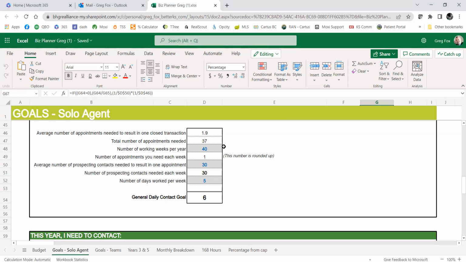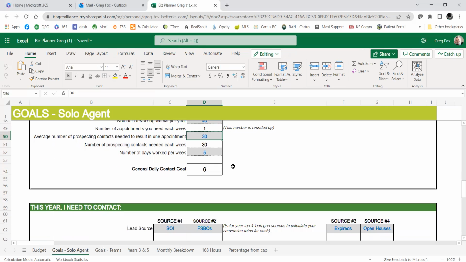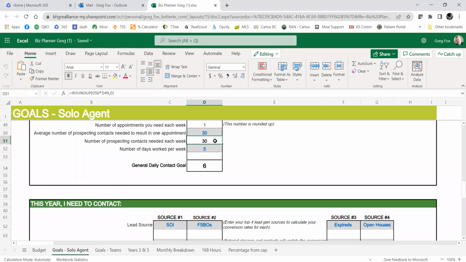If I am only working 40 weeks a year, I need 30 appointments or 30 contacts to get 1 appointment. Now, where does it get that? When you put in some numbers, that's just an average. Number of prospecting appointments, they round up.